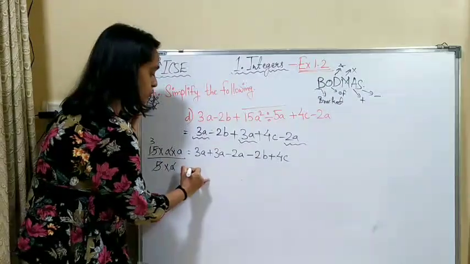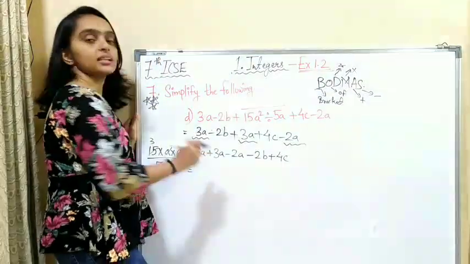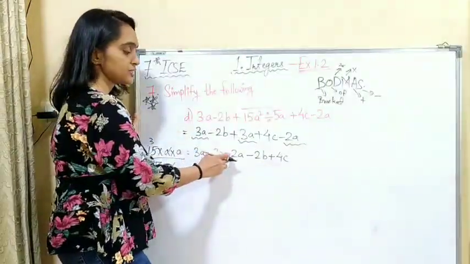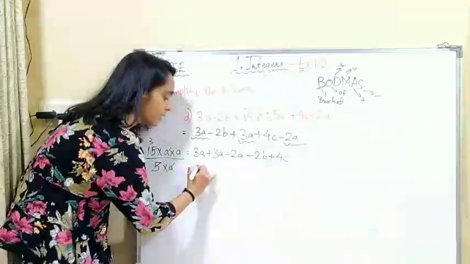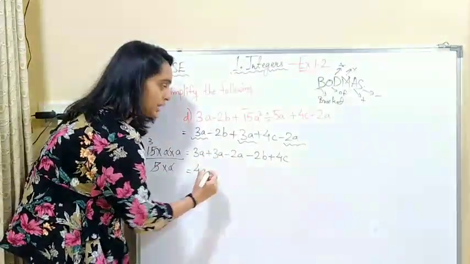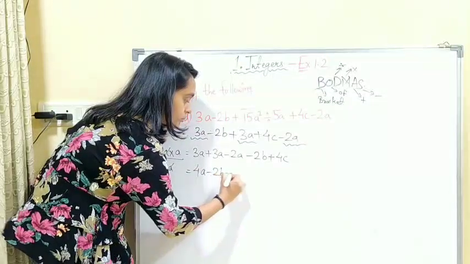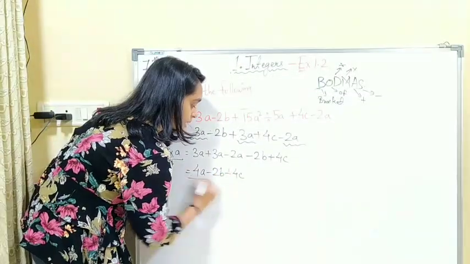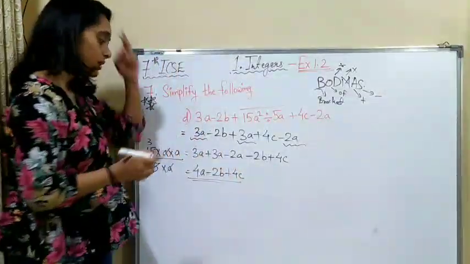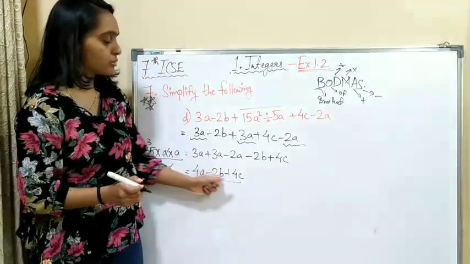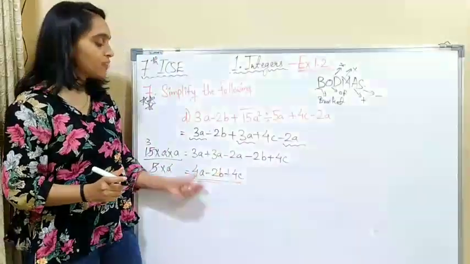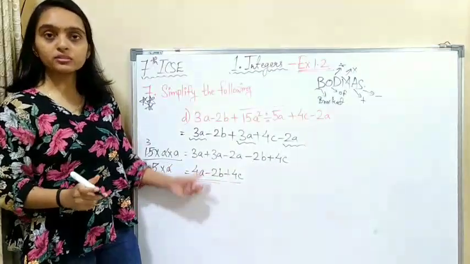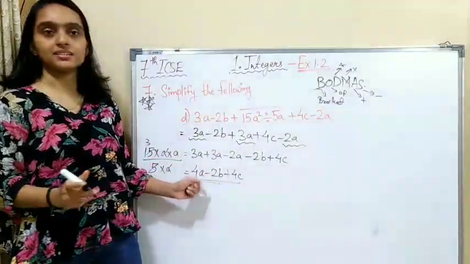So what will you get? 3 plus 3 is 6, and then 6 minus 2 you will get 4. So 4a minus 2b plus 4c. That's it. As the rest of the variables are different, you have unlike terms, so you cannot add or subtract them. So this is your final answer.